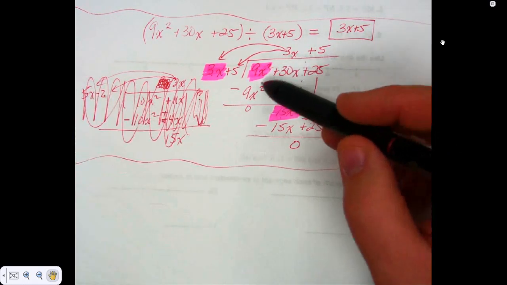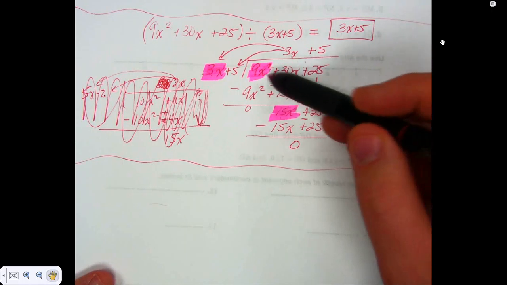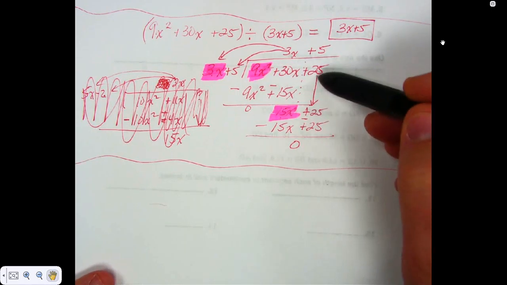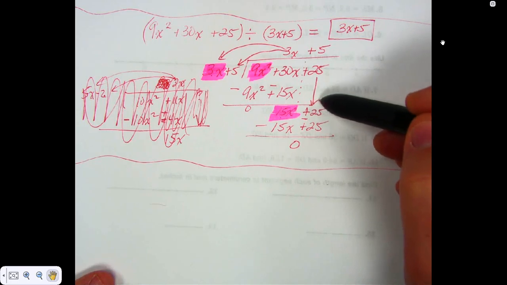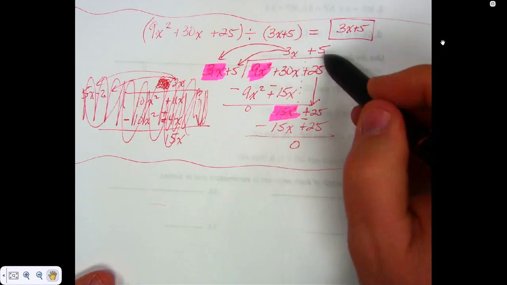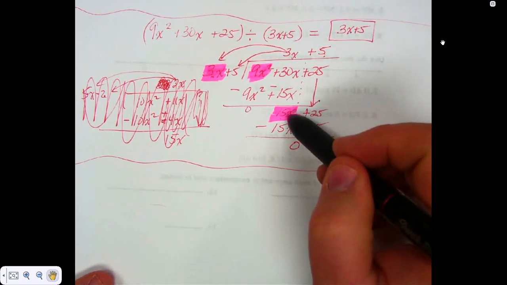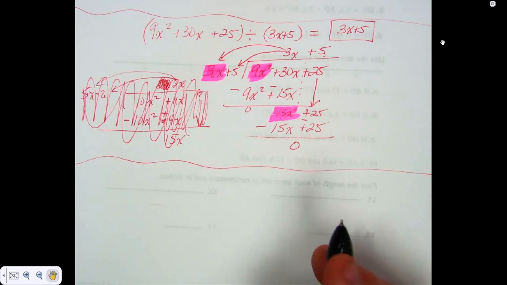Okay? What did I do on this one? I multiplied through and got to here, correct? And I got left with 15x. What did I bring down? I brought that down. So you're going to do the same thing on yours. Then you're going to go above that, and you're going to say this first term times what would give me that first term. Okay? You just keep working down.